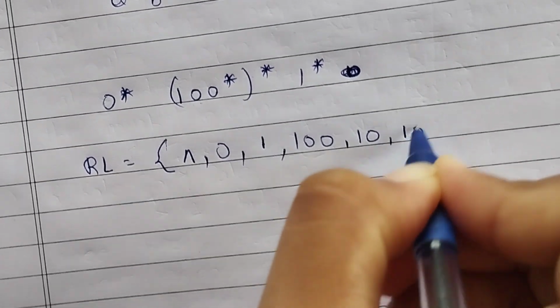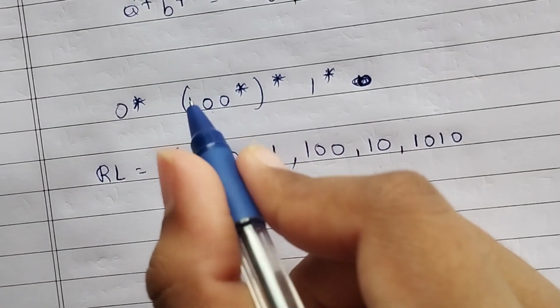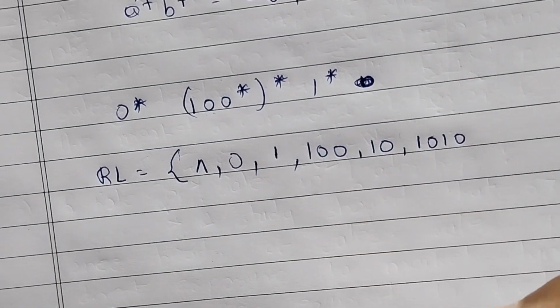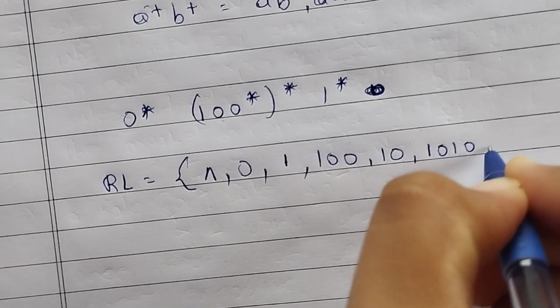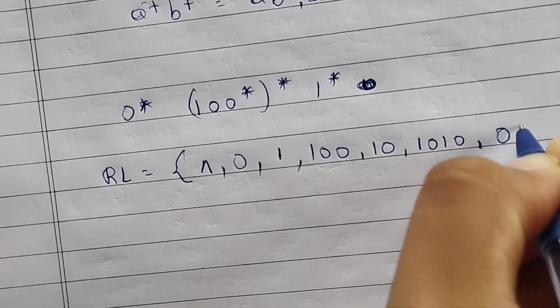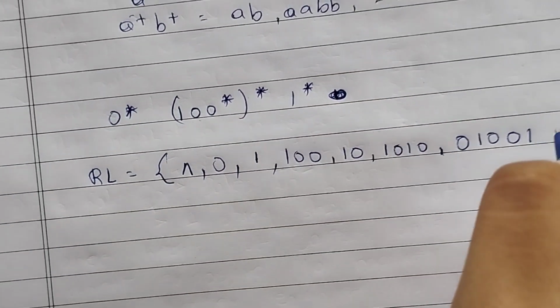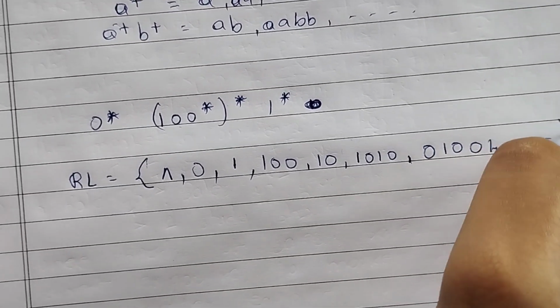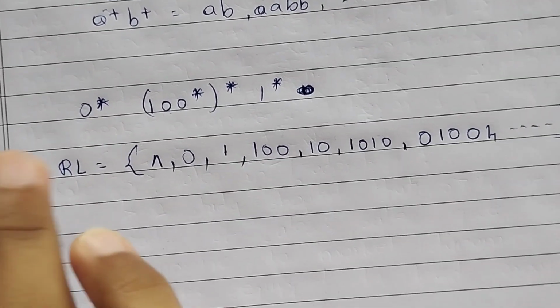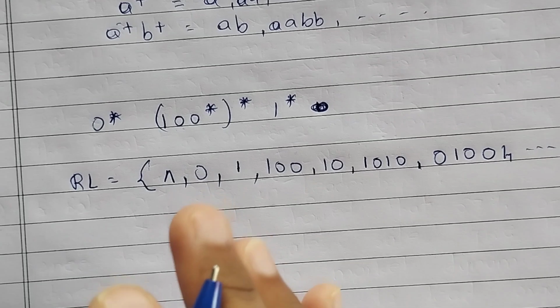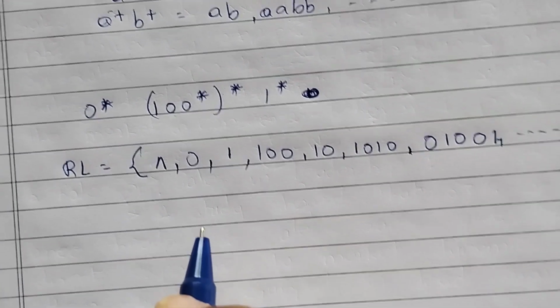Then this 1 0 1 0, because this 1 0 star is present, so we write this also. Then 0 1 0 0 1, we write all possibilities, up to n. So this is the way we write the regular language.